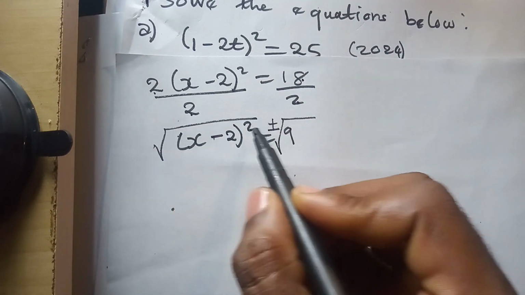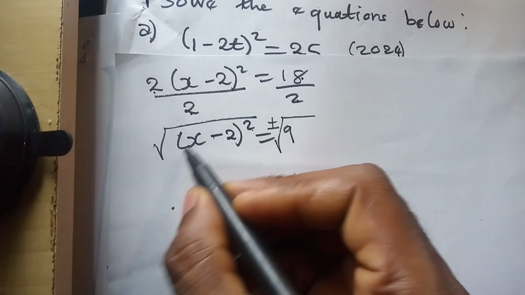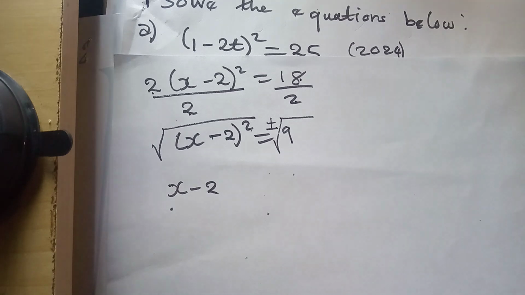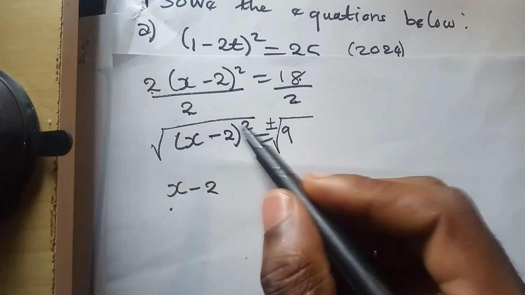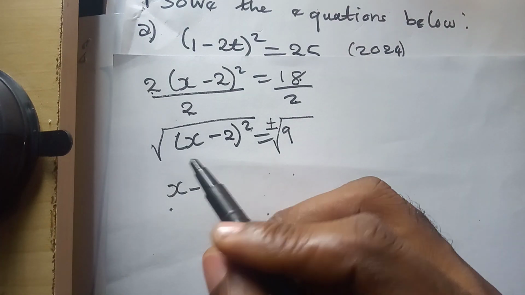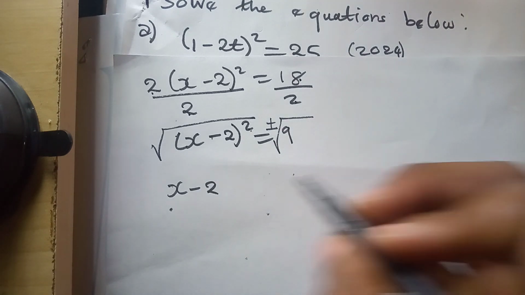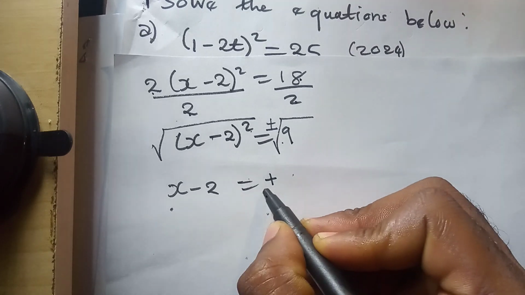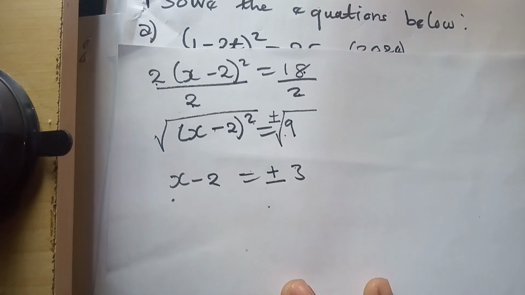So the square and the square root will go, this side you just remain with this. In other words, these two are reciprocals of each other, so when you multiply them, you get 1 as a power. And then the square root of 9 is plus or minus 3.